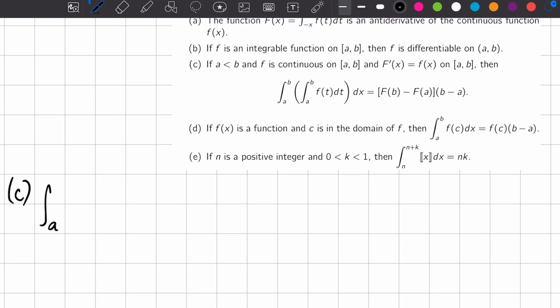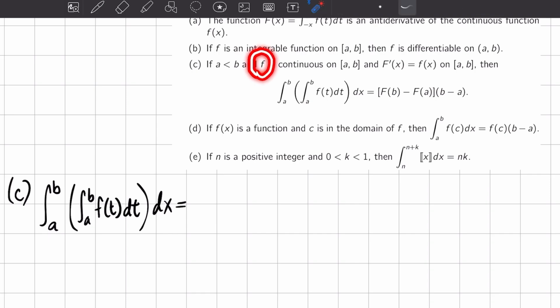So we have here the integral from a to b of the integral of a to b of f, and we're integrating this with respect to x. So what we know is that f is continuous on this closed interval AB. So we can apply the second fundamental theorem of calculus, and it states that this integral right here should just be the difference of their antiderivatives evaluated at these 2 points.